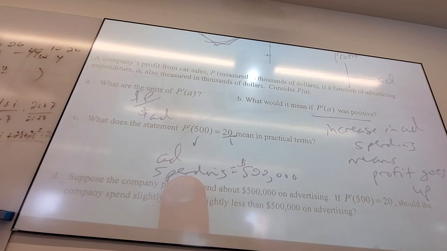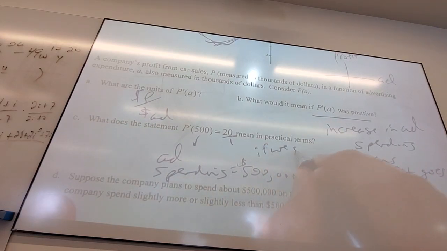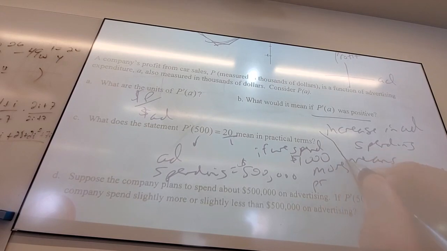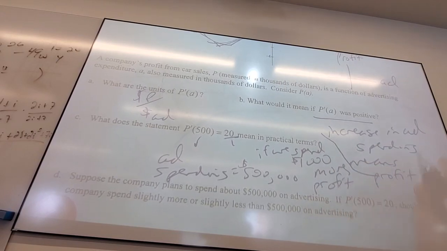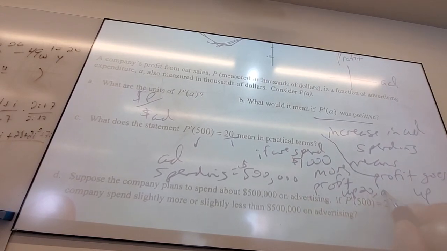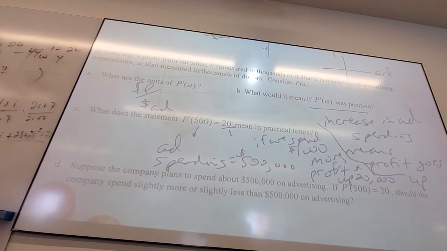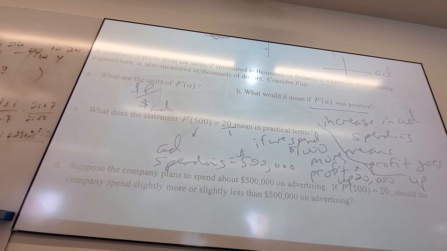So when we're spending $500,000, if we spend 1,000 more, profit goes up by 20,000. If we spend $1,000 more, we predict our profit to go up by 20,000.